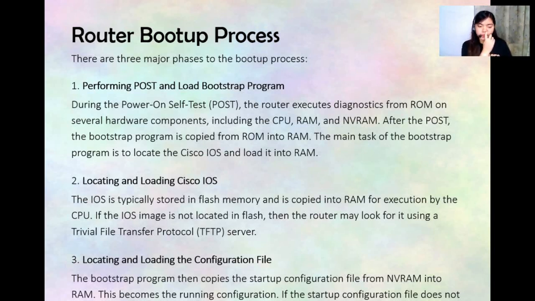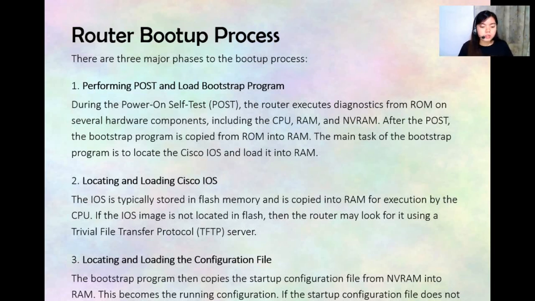Second is locating and loading Cisco IOS. The IOS is typically stored in the flash memory and is copied into RAM for execution by the CPU. If the IOS image is not located in the flash, then the router may look for it using a Trivial File Transfer Protocol or TFTP server. And the last is locating and loading the configuration file.